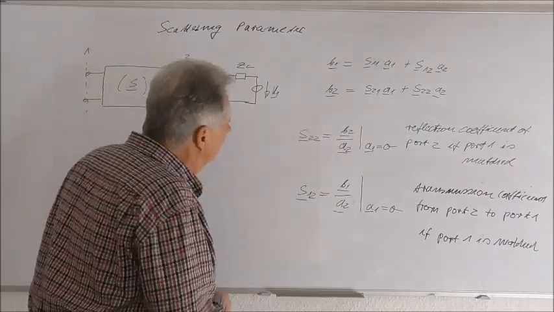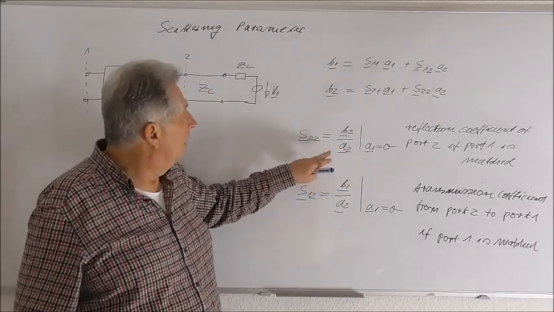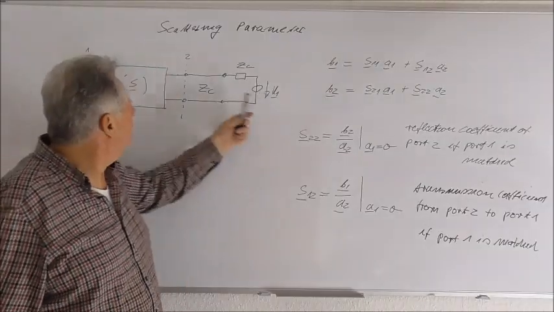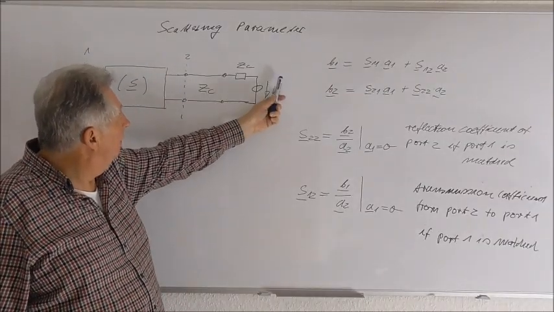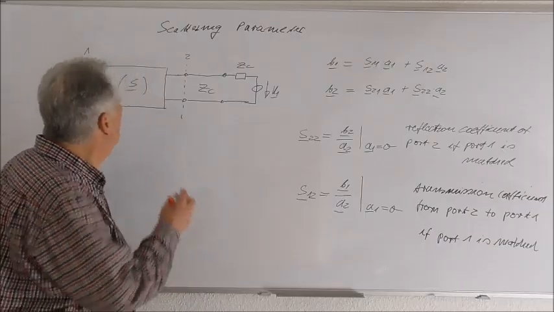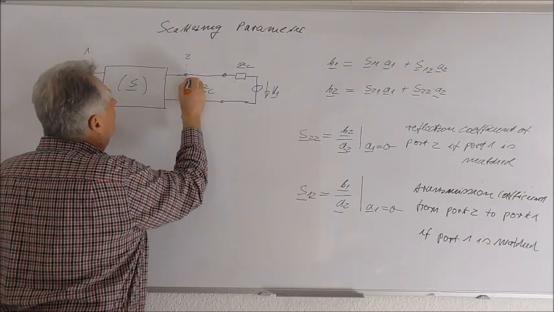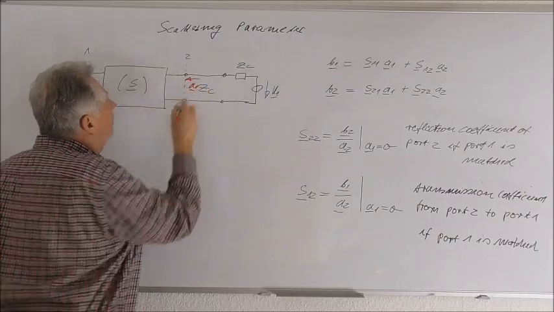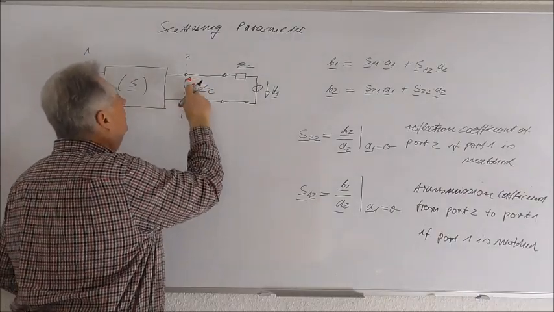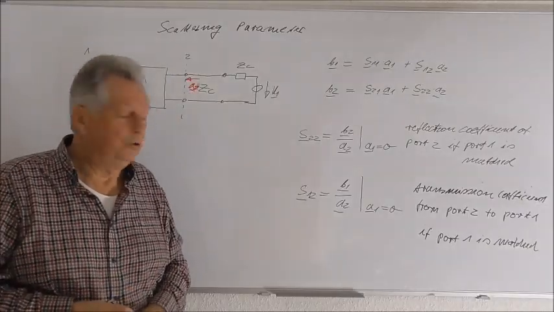So what does this mean? Of course, if I want to realize a wave amplitude A2, I have to connect to port 2 a voltage source. Of course, this voltage source now will be responsible to create a wave amplitude, sorry, not A1 but A2 I call it, which enters in our 2-port at port 2.